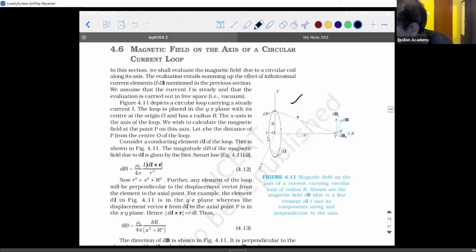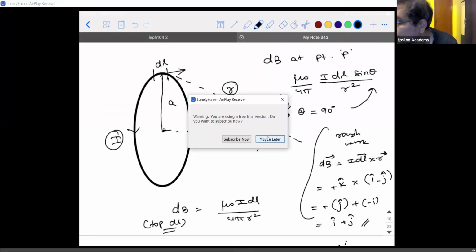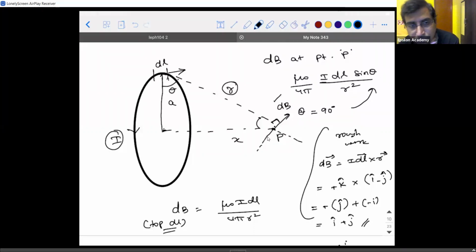Okay, they took that. If this is taken as theta, now tell me, how much is this angle?